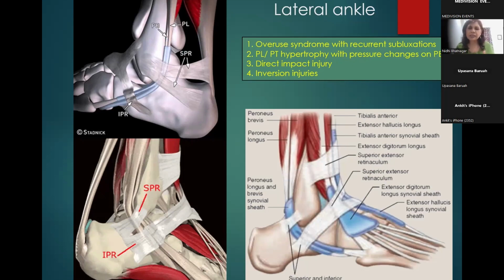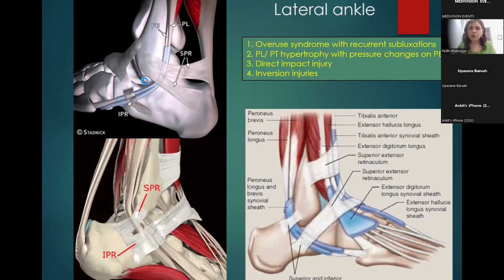Peroneus brevis is inherently a little flat tendon, so you would always find an oval compact tendon, and peroneus longus will always be a rounded tendon. From the tip of the fibula, 4 centimeters proximal, you have a common tendon sheath.